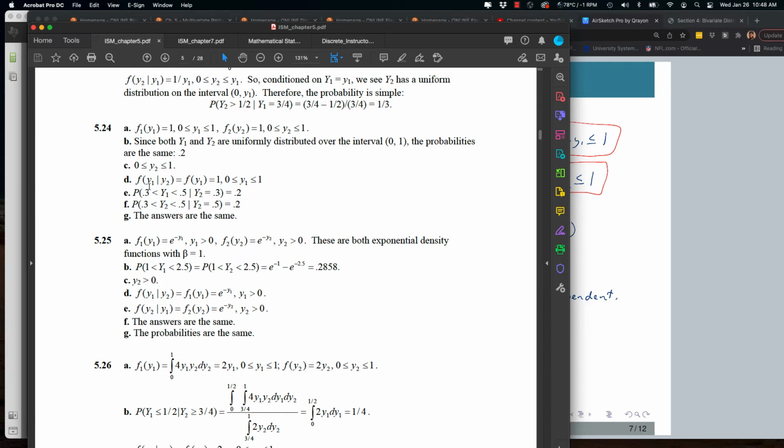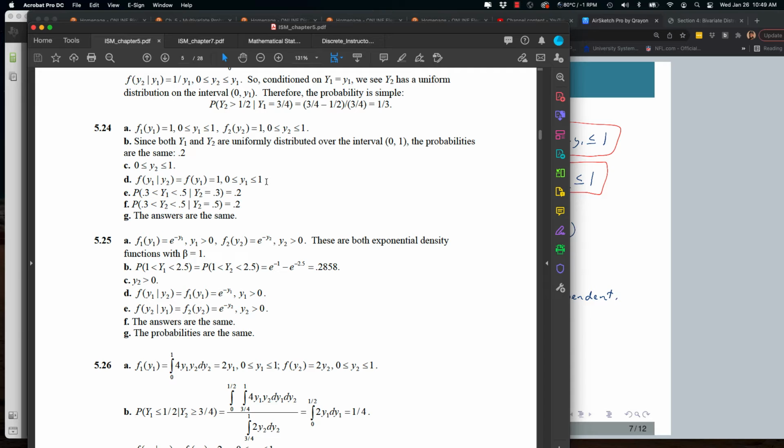D was f of y sub 1 given y sub 2. F of y sub 1 ended up equaling 1 in this case, which is not a surprise. That's what we just found that the marginal probability distribution was.